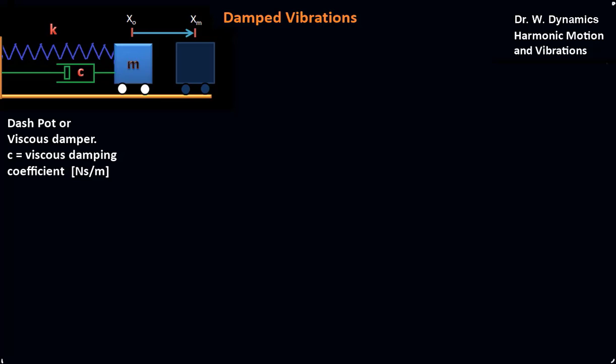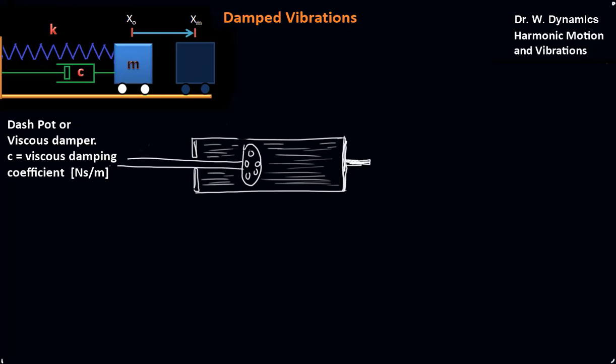A really good analogy for a dashpot would be a shock absorber, where we have a piston inside of an oil or a fluid, and the piston moves back and forth with some velocity v, and while it does so, the fluid is forced to go through a set of holes in the piston. We can adjust the size of the holes and the number of holes to get different viscous damping coefficients from this.